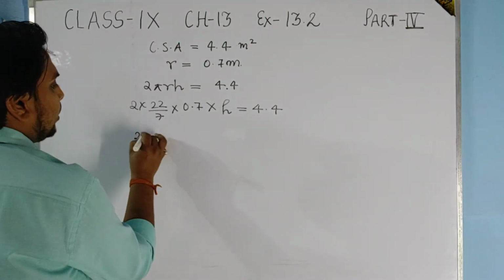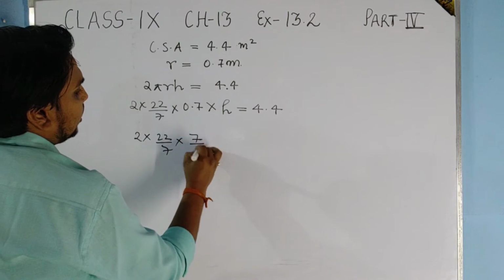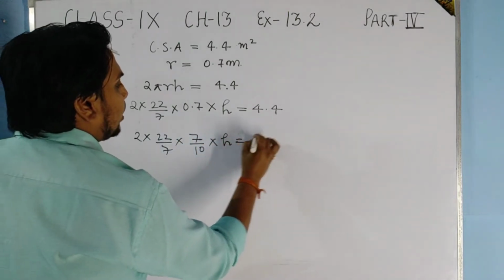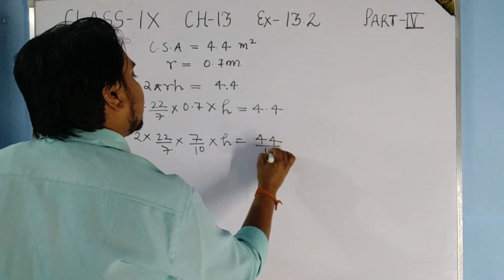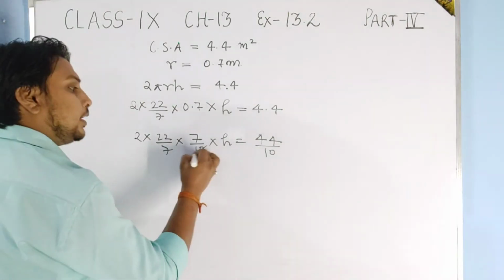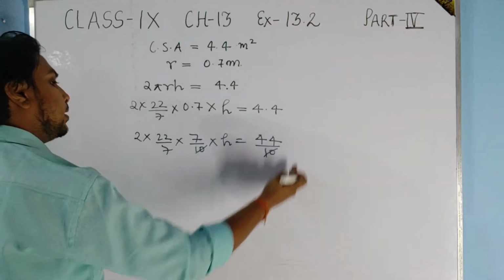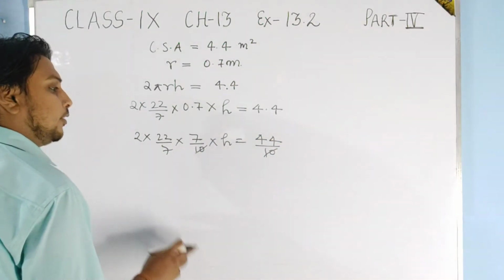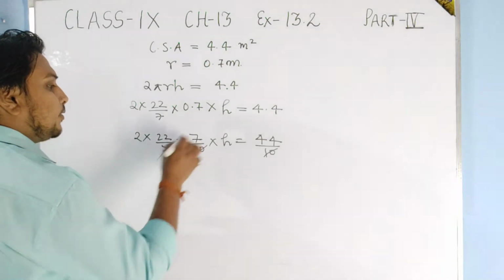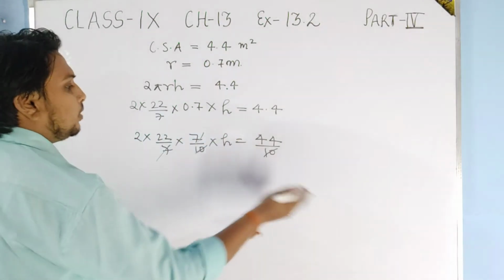So we can solve it easily. 22 by 7, this 0.7 can be written as 7 by 10, into h. And here 4.4 can be written as 44 by 10. In this case the 10 and 10 will be cancelled out, because all this is in multiplication form. 7 and 7 can be cancelled out. 22 into 2 is 44, and this 44 will be shifted.